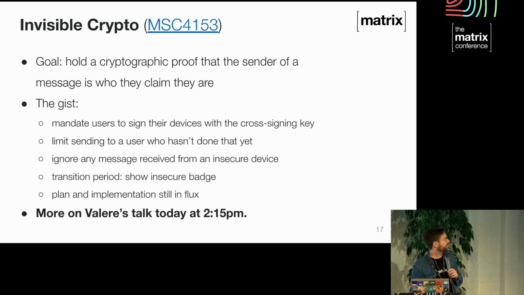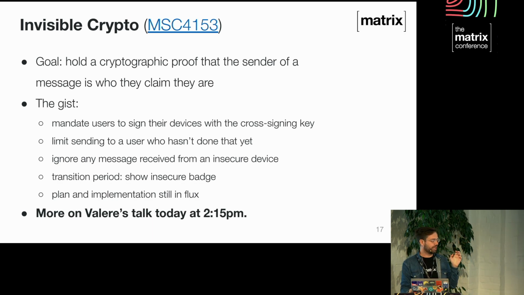All right, you heard about invisible crypto as well. Basically, the idea is that you have some cryptographic proof that the sender of a message is who they claim they are. To do that, it's a requirement on the clients themselves, and we need all the clients to agree that this is a good idea. So the idea is that you would mandate users to sign their devices with the cross-signing key. This cross-signing key is set up for the first device automatically by the Rust SDK. Then you get it to sign your other devices either by verifying them, or sharing the secrets, or other means.